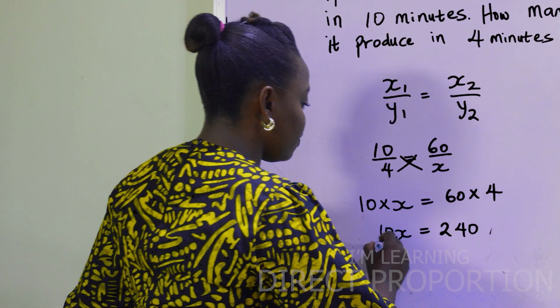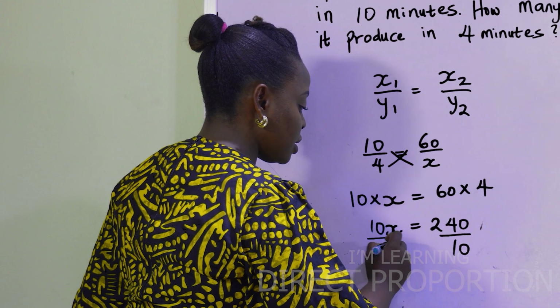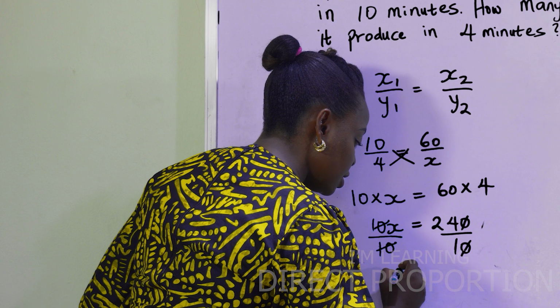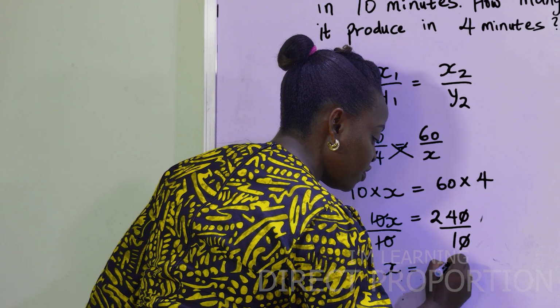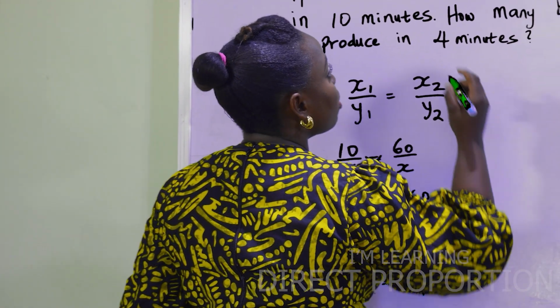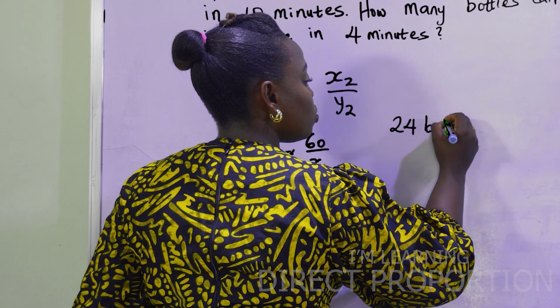So that means I have to divide both sides by 10. Doing that, I would have that x is equal to 24. So that means that in 4 minutes, the machine would have produced 24 bottles.